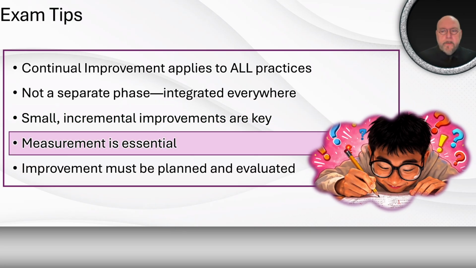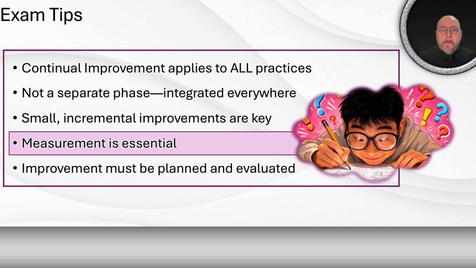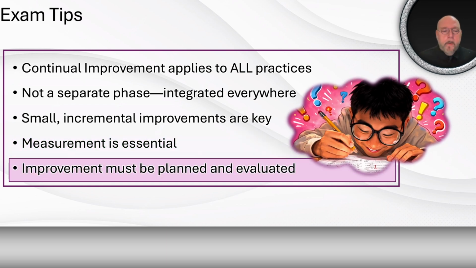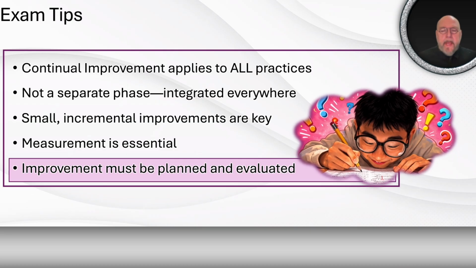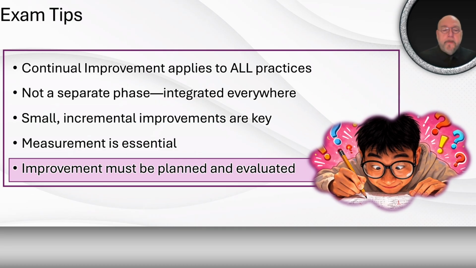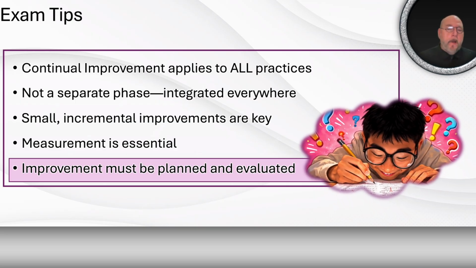Measurement is essential, and you must become very good quickly at finding good metrics to use and utilizing them. Improvement must be planned and evaluated like any other change. We have to find out if it's worth it. Do the benefits outweigh the cost and risk?